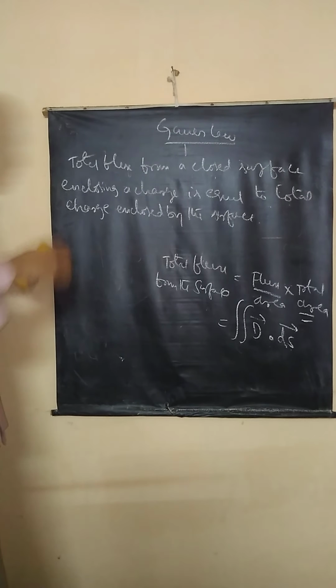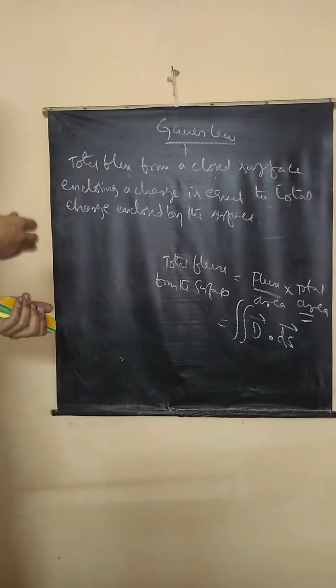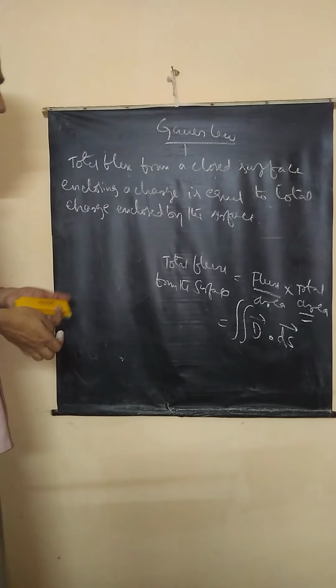Is it clear? Total flux coming out of a surface is equal to total charge enclosed. This is the experimental conclusion of Faraday. So for that, Gauss is providing a mathematical form.